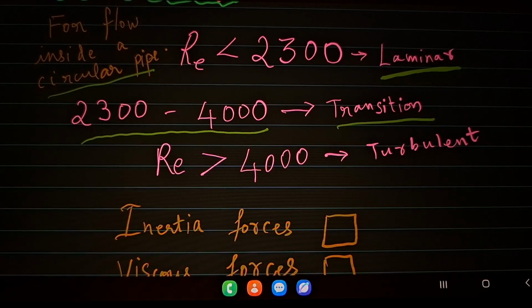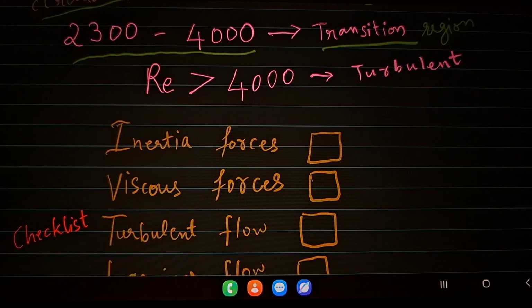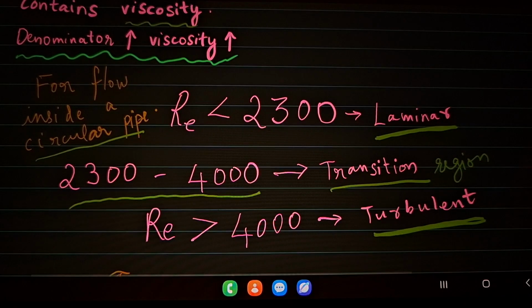What transition means is a region where flow may switch between laminar and turbulent. So that is transition region. And if the Reynolds number is more than 4000, it is going to be turbulent flow. So this is for a flow inside a circular pipe.